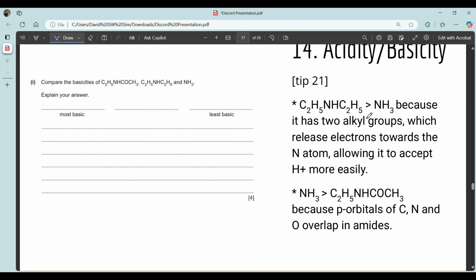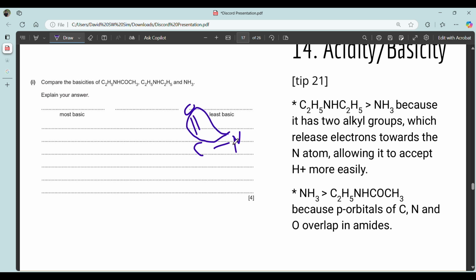Then next, we have to talk about why NH3 is a stronger base than this one, C2H5NHCOCH3. Because the p orbitals of C, N and O all overlap.